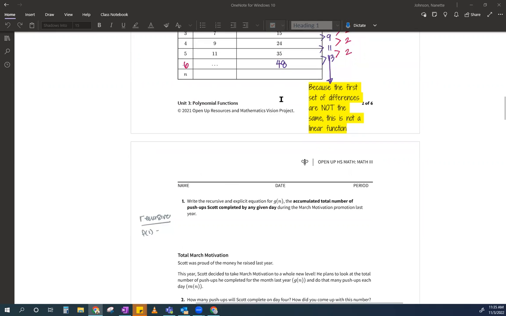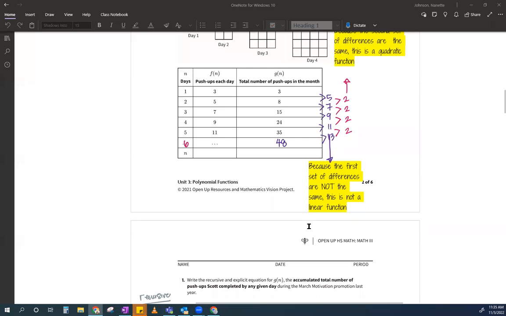The very first thing you need to do whenever you're writing a recursive function is give a starting point. The recursive function works like this: it tells me how to get to the next number based on the previous number. I'm just going to add the next number, and so on and so forth.